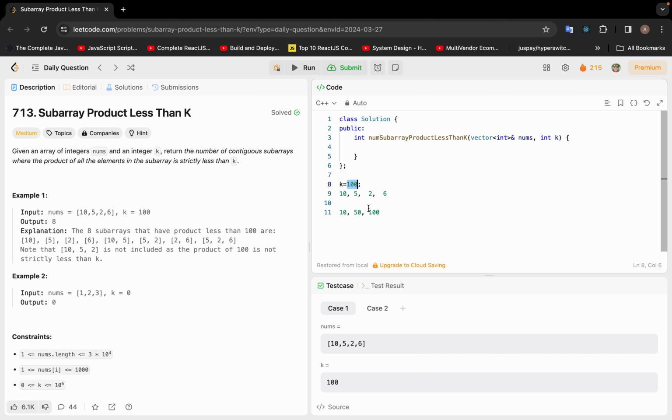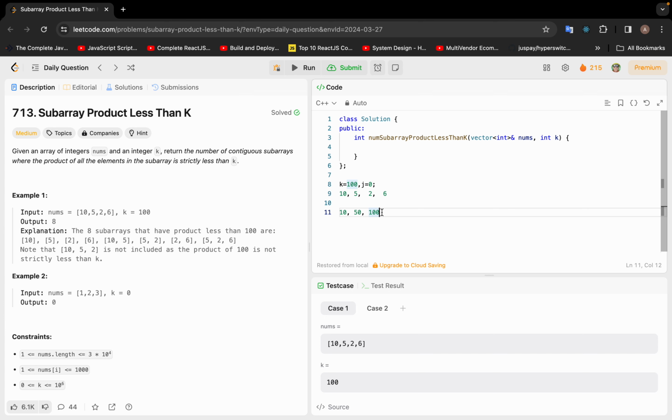So now this window size, we will decrement this window size so that this multiplication is less than k, right? So what we will do, we will take another pointer j, and we will move this j value from starting 0, and we will divide this multiplication by nums 0, then nums 1, till we get the product less than k, right?